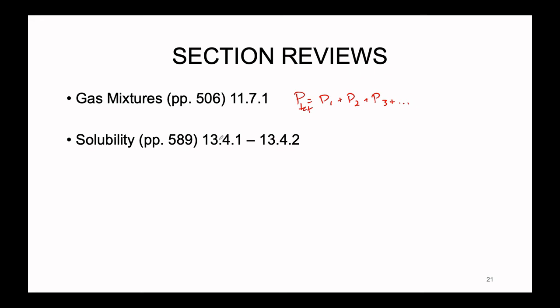Now you would notice if you want to work through these example problems for Henry's law, being the concentration of our gases equals Henry's constant times partial pressure of the gas, that these problems are in chapter 13. That is not a typo. So I did pull a little bit of information from the future. But honestly, the conversation of Henry's law fits so well with our gas law studies. I don't see any reason not to talk about it now, specifically because, again, these two equations, these two laws, work hand in hand. All right, so here we have the example problems, though.